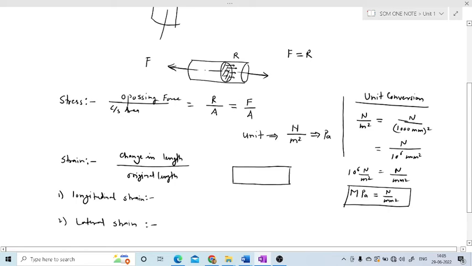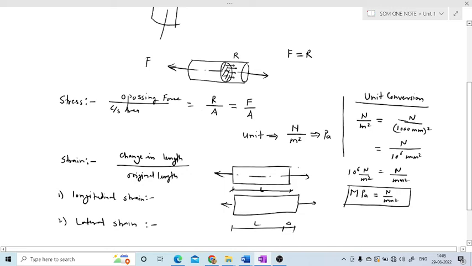Now if I apply the tensile load on this specimen, then its length will increase. Suppose the original length of this specimen is L and after the application of force, its length is increased by delta amount. So the change in length is delta.